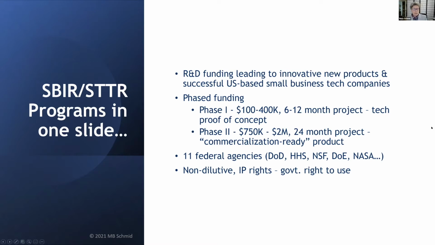All right, the SBIR and STTR programs provide funding that is not dilutive, that is, the government does not take parts of your company as it would for venture capital or angel funding.